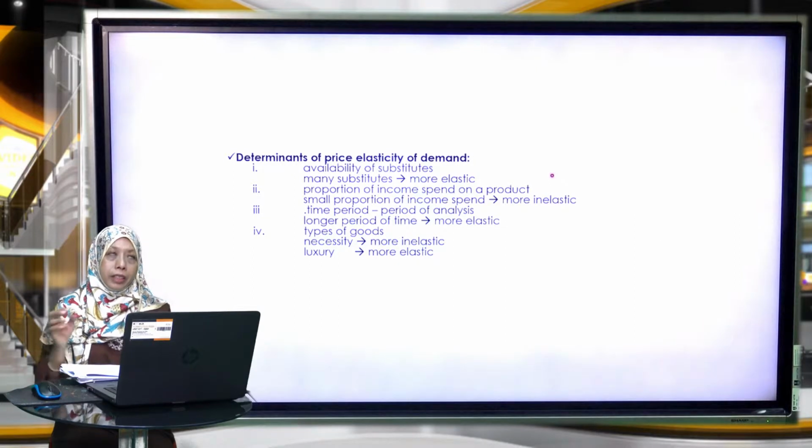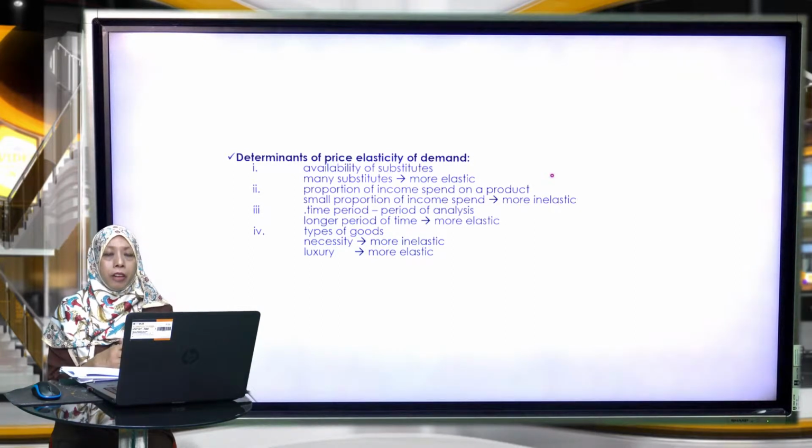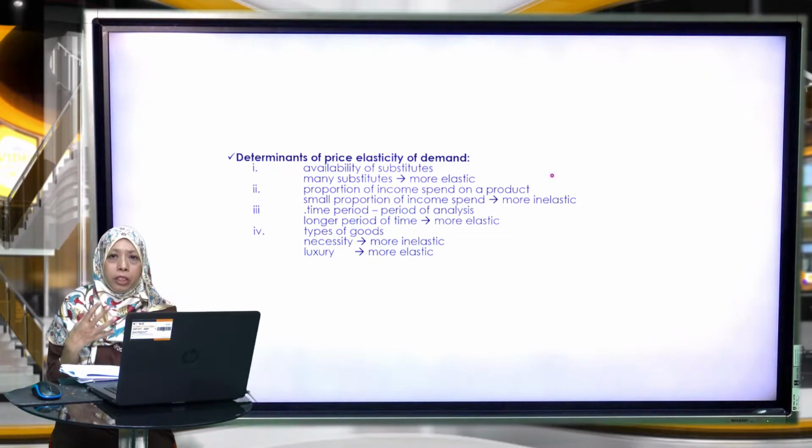But take the case of petrol. Remember that a few years back, we always faced the fact that the price of petrol increased. But even though the price of petrol increased, people still bought it. Why? Because there are not many substitutes for petrol. So even though the price of petrol increases, you still need to drive your car to work.